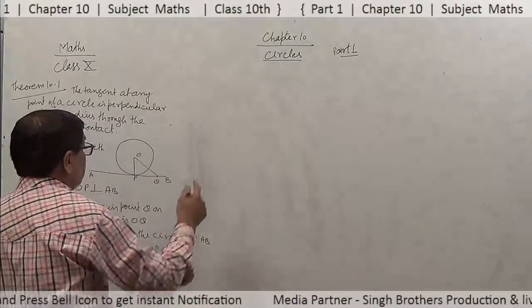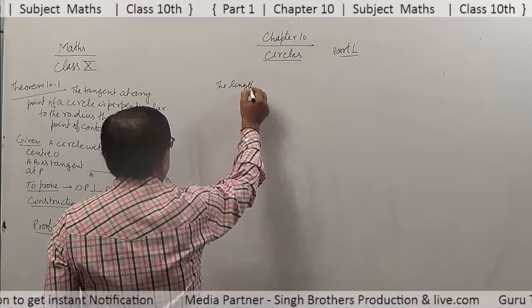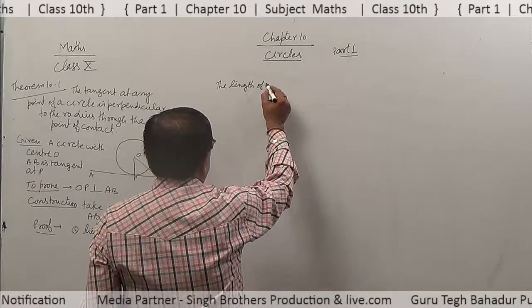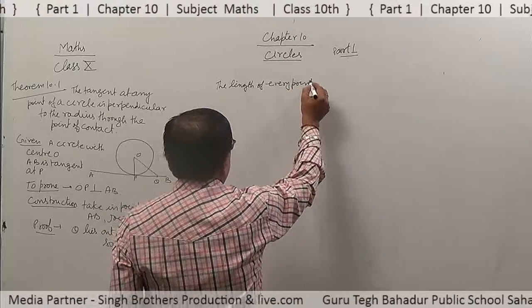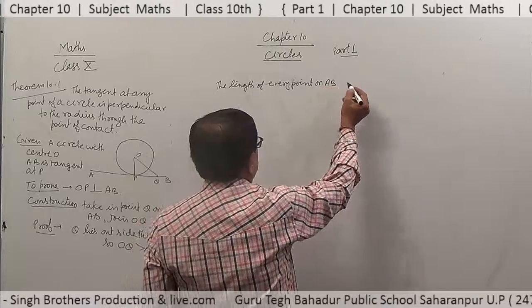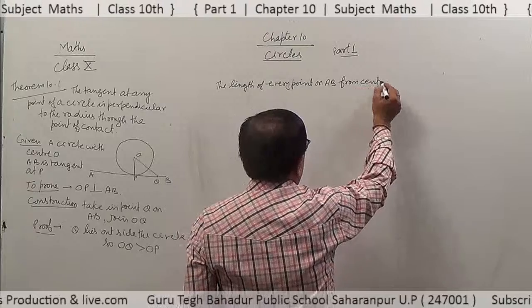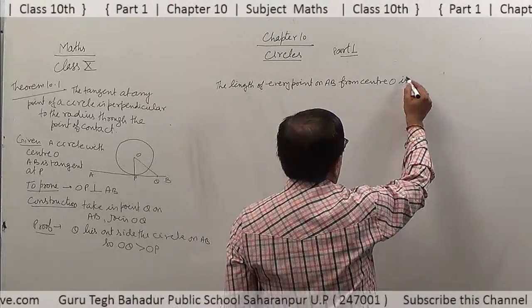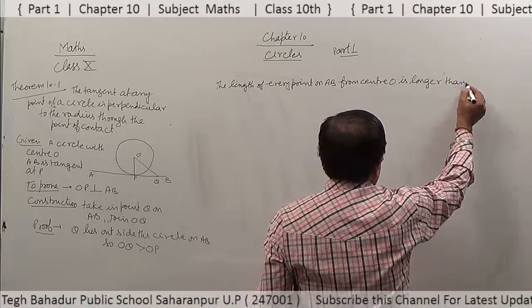The length of every point on AB from center O is longer than OP.